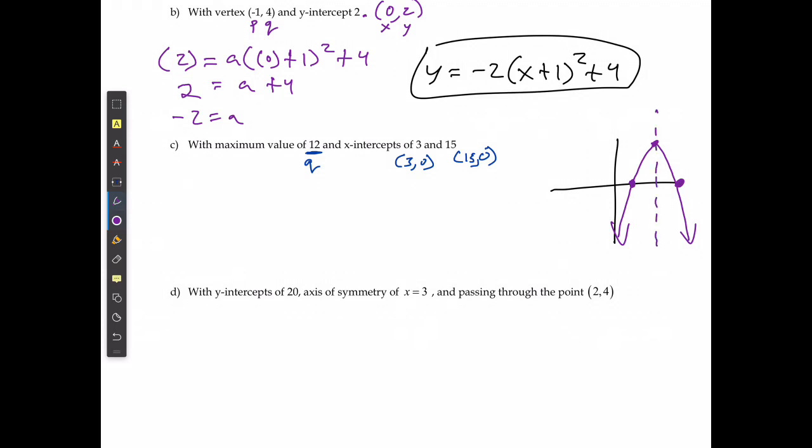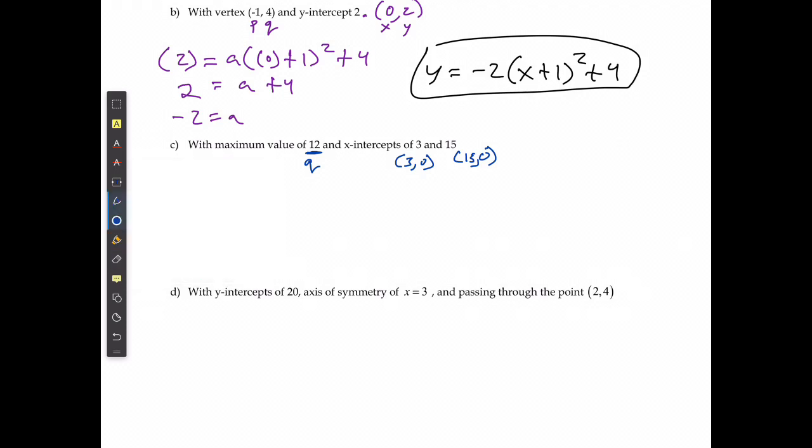That's why it's symmetrical, which means that the distance here has to be the same as the distance here. So the p value is going to be halfway between the two intercepts every single time. It's always halfway between. So I need to take the average of those two to solve for what p is going to be.